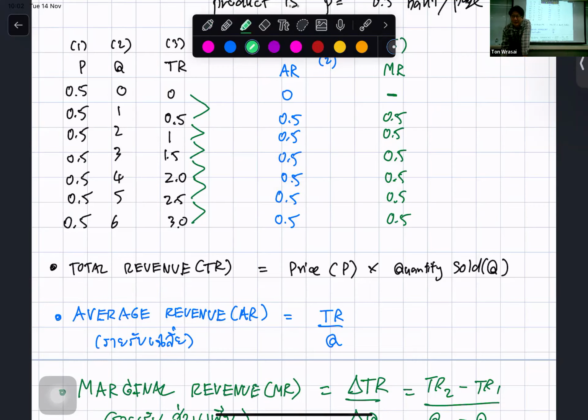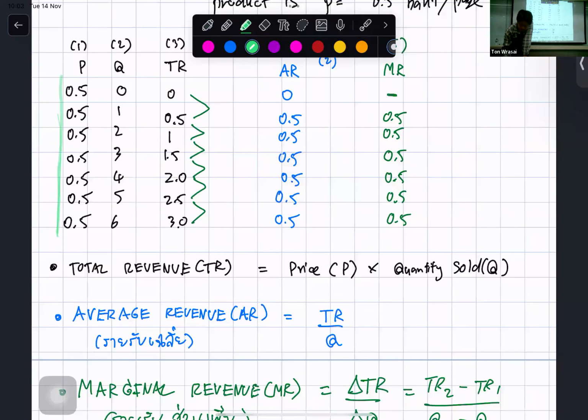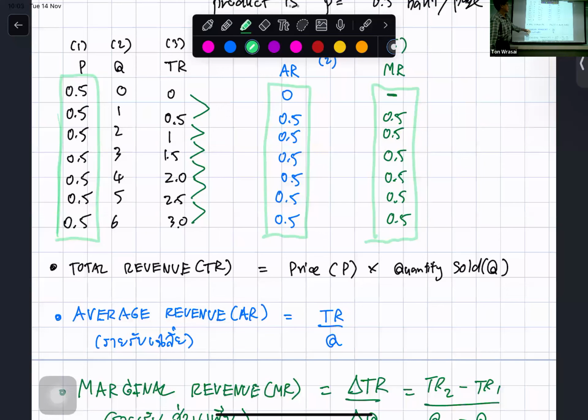And now, when we check the columns that we have, we found out that these three things are the same.